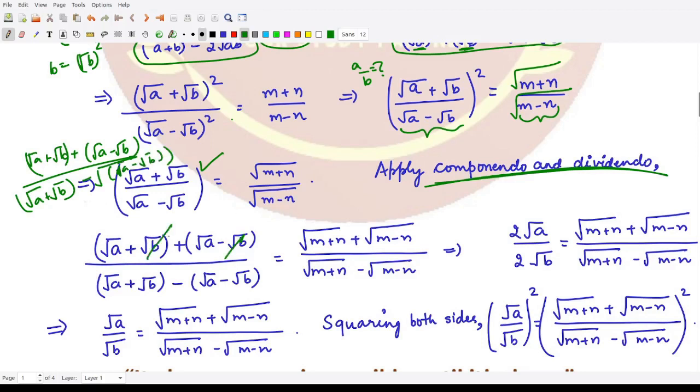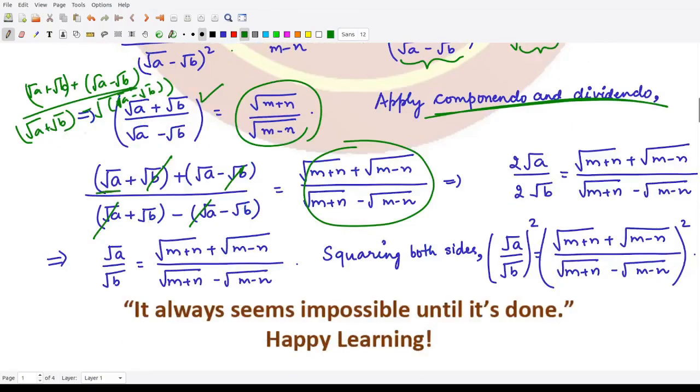You see the square root of b cancels here, and the square root of a and square root of a cancel here. Nothing else happens, you just have to apply componendo and dividendo. So you see you have 2 times the square root of a left and 2 times the square root of b left, correct? So the 2 and 2 also get cancelled. So we have this term.